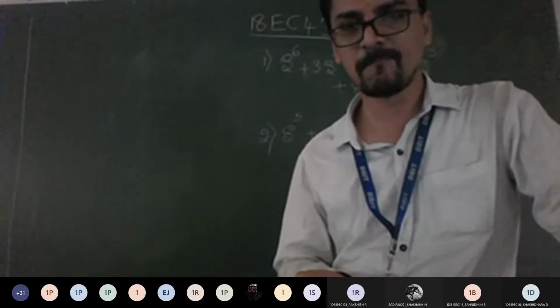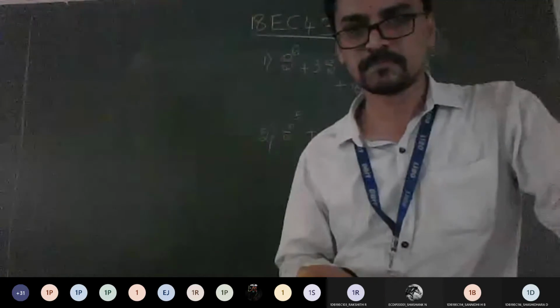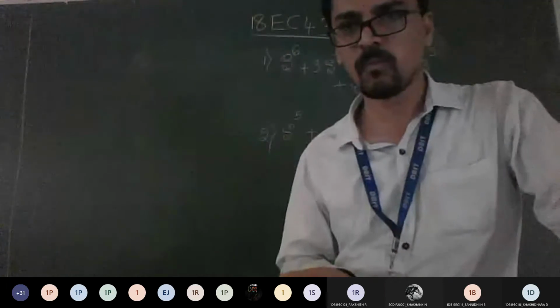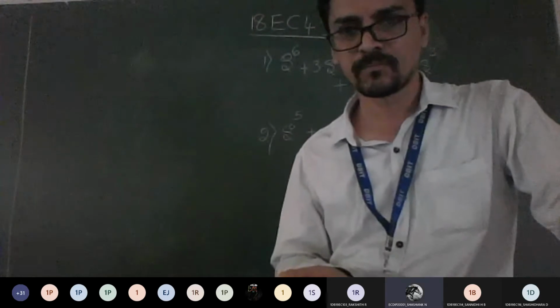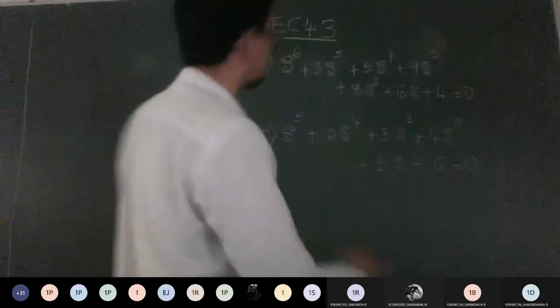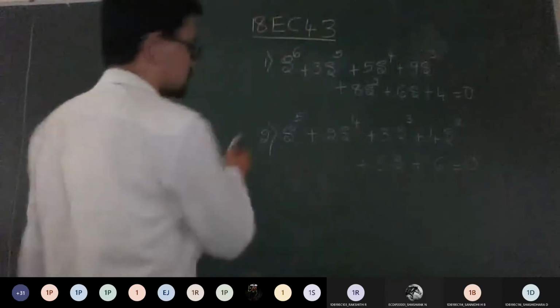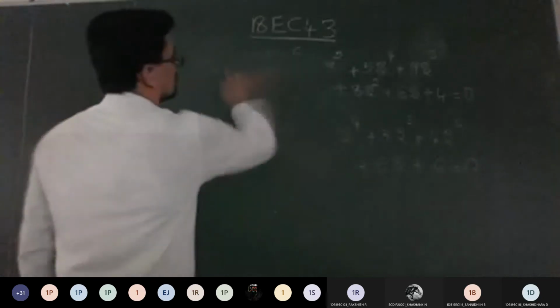Shall I proceed? Everyone? Yes, sir. Okay. So go ahead with the next type of problem. I hope the question is noted. So try to solve these two problems. If you have difficulties, we'll discuss next class.